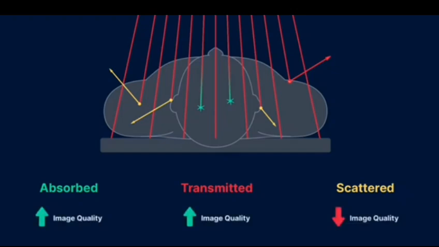Absorbed photons and transmitted photons are good for image quality because these processes create the radiographic shadow of the patient's anatomy. Scatter radiation is not good because these photons are no longer in line with the rest of the X-ray beam. As a result, scatter radiation creates a layer of noise in the image that disrupts the visibility of the patient's anatomy and any pathologies.